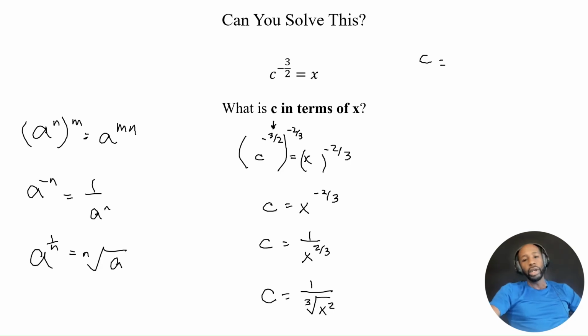Okay. Now, we don't typically like to have a radical in the denominator. So what I'm going to do is multiply the top and the bottom by the same thing. That's called rationalizing the denominator. Okay.